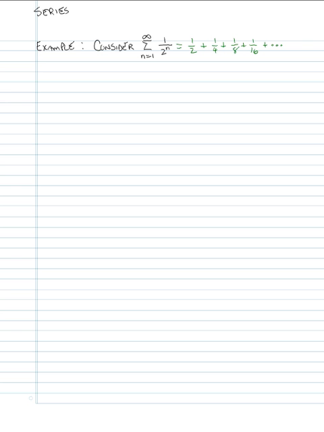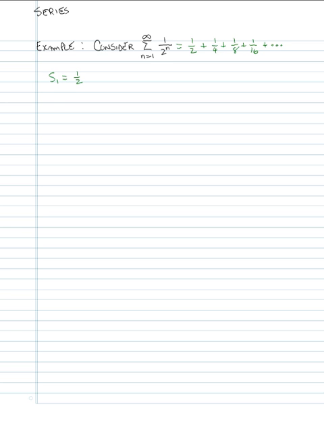Okay. Now, the question is, does this series converge or diverge? That is, does this series add to a finite number? So let's consider a list of partial sums. The first partial sum, s sub 1, we're just adding the first term, so we just have 1/2.